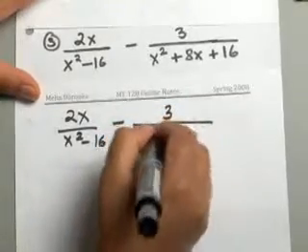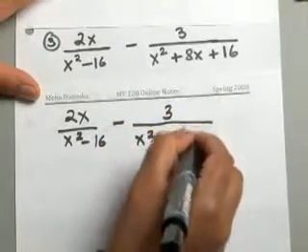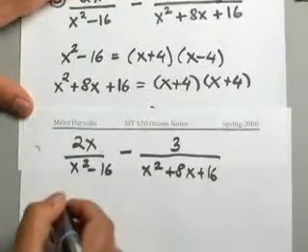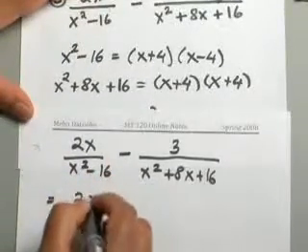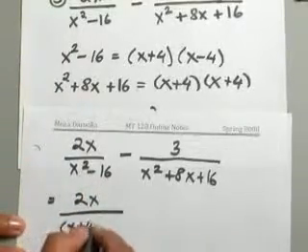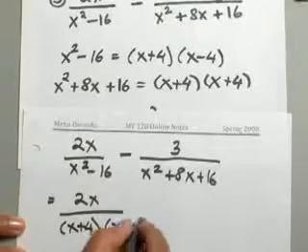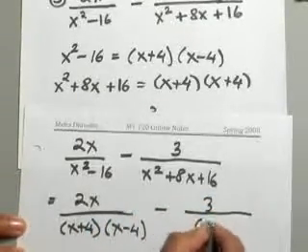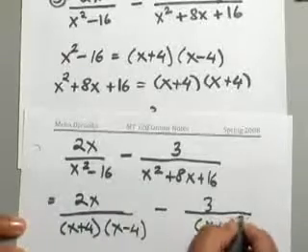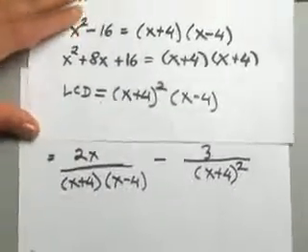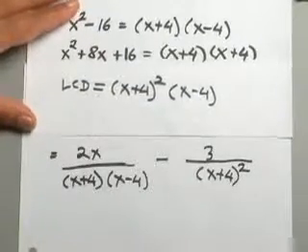Okay, now before I start finding my common denominators, what I will do is just rewrite these expressions again with the denominators in their factored form, because that will help us out better. Okay, now we can go ahead and compare these with our least common denominator.